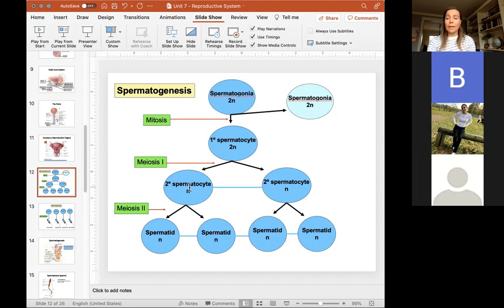So at this point, you have half the normal number of chromosomes in here, but there's two copies of each one. So now the two copies are going to separate. So one copy of each chromosome is going to go into one cell. The other copy is going to go into the other cell. Same thing happens for the other secondary spermatocyte. So in total, you're going to end up with 4 spermatid cells.